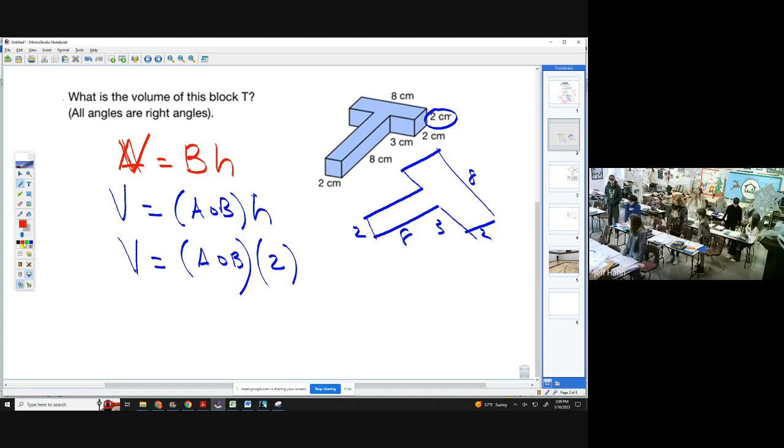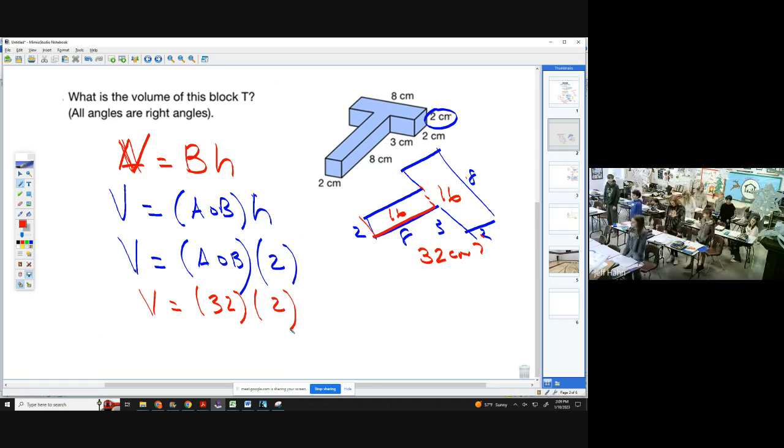Now, we cut it into its pieces. 8 times 2 is 16 for this. 8 times 2 is 16 for that, giving us a total area of 32 centimeters squared. Now I substitute in the 32 times the 2. And then volume is going to equal 64 centimeters cubed.